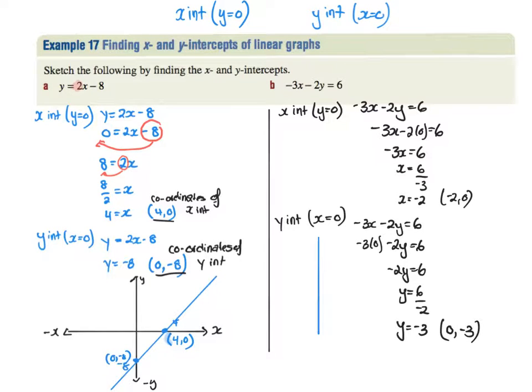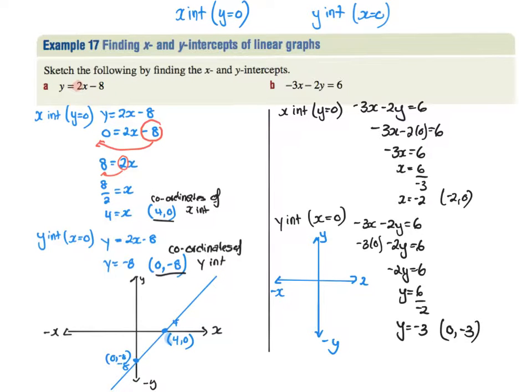So we rule up our axes. You're going to label your axes because once you get practical questions, it might no longer be x and y. It might be distance and time, d and t. It could be something else, h and x. And so you need to make sure that you label it.